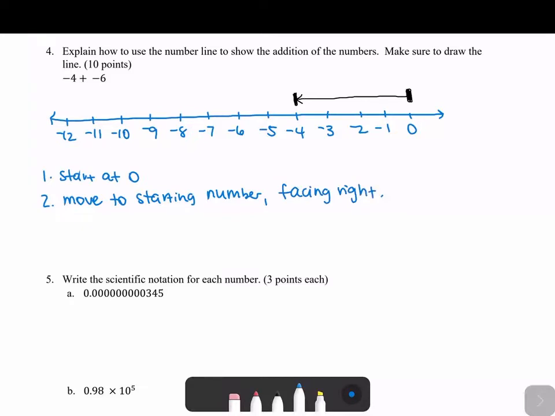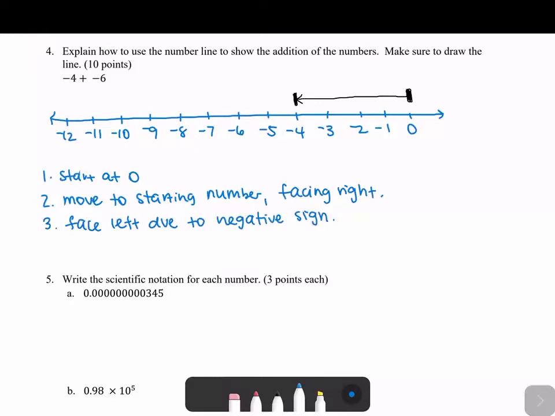Okay, so then we have an addition sign, which tells us that we keep facing right. And then we have a negative sign. So now we face left due to the negative sign. Right, so anytime you encounter a minus sign or a negative sign, you're going to change your direction.